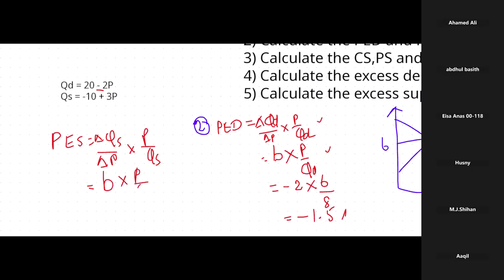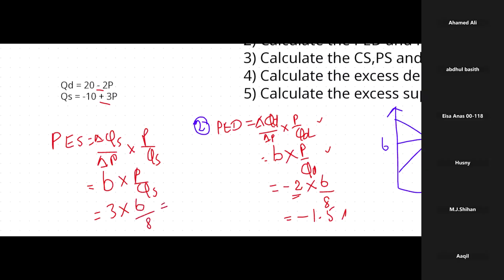B is the slope of the supply function. The slope of the demand function was -2, therefore it was -2 here. Supply function, it is +3, so we are writing just 3, and price at equilibrium is 6 rupees, quantity is 8.